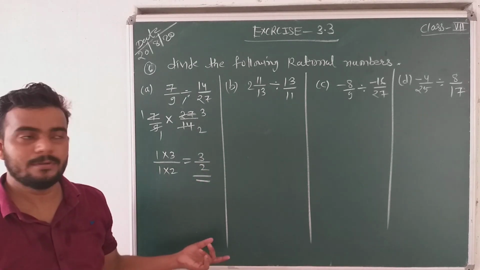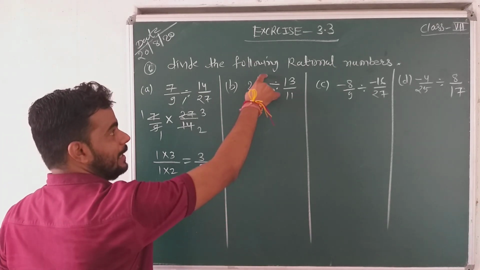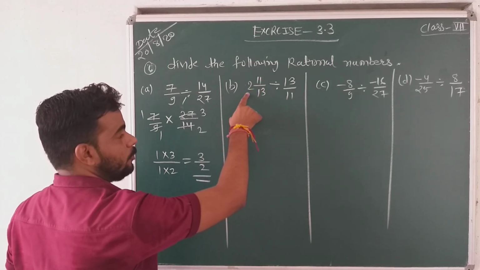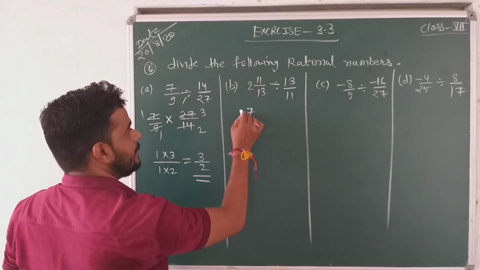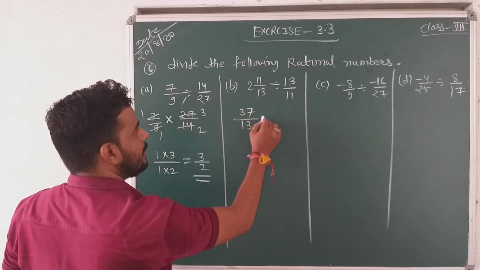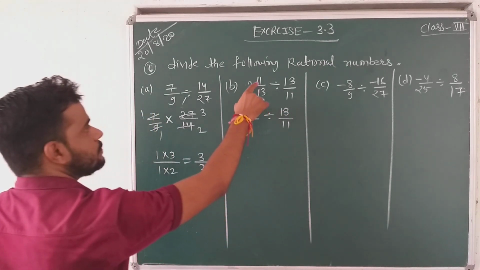Any doubt? Same as that, a mixed fraction is given, 2 11 by 13. So 13 2 is 26, and 26 plus 11 is 37 upon 13, divided by 13 by 11.